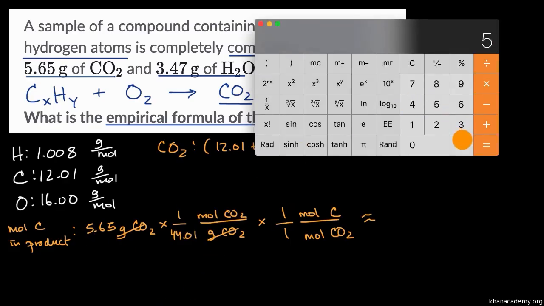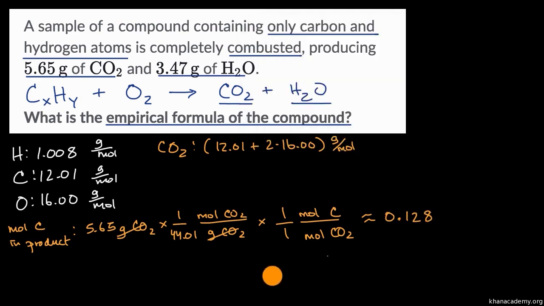We have 5.65 divided by 44.01 and then times 1, so I don't have to do anything there. That is equal to, I'll round it to 3 digits here, 0.128. And my units here, the grams of carbon dioxide cancel the grams of carbon dioxide.